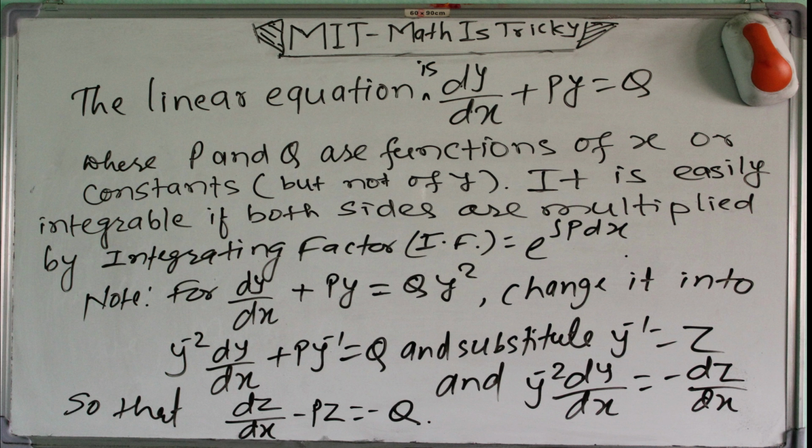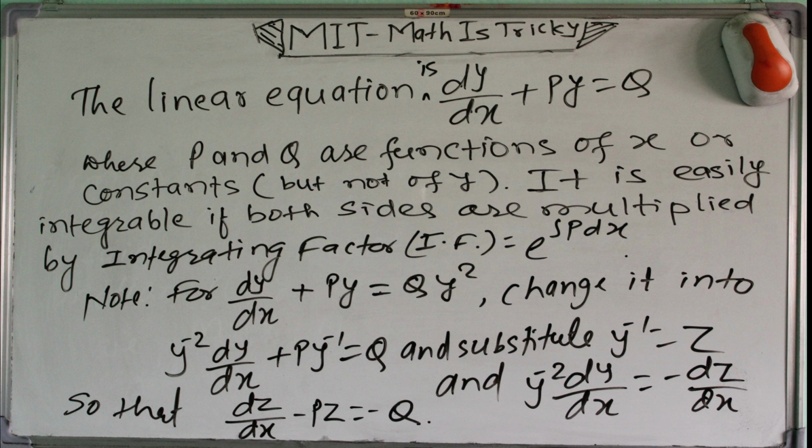Q equals y to the power minus 1 dy by dx plus py power minus 1. In that case we substitute 1 by y, that is y power minus 1 equals z.